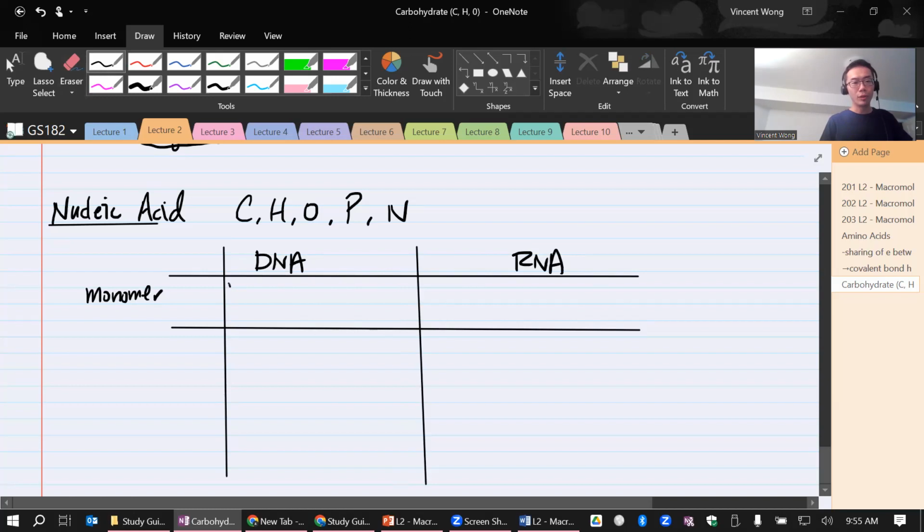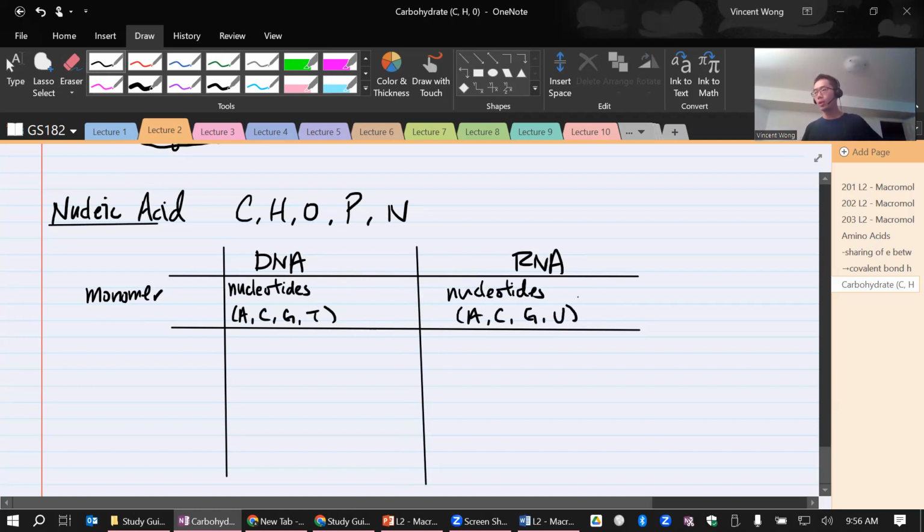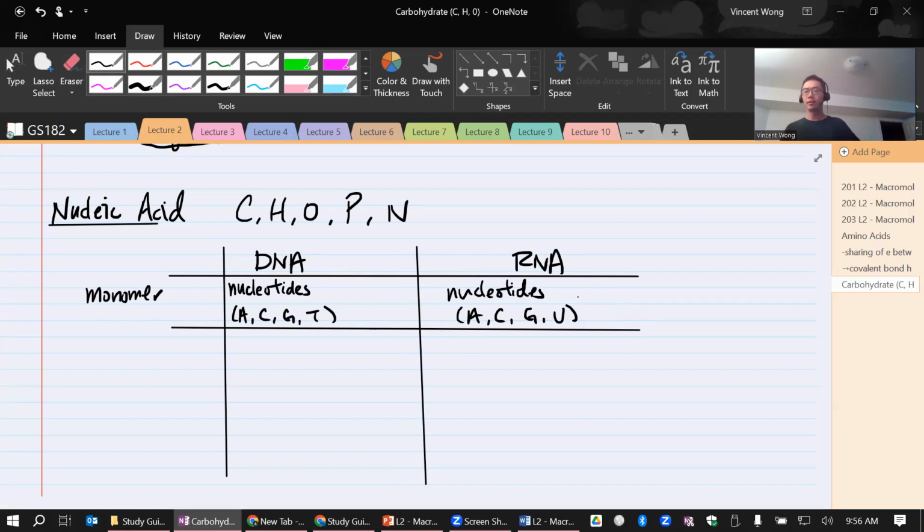They are both nucleotides. But this is ACGT, whereas this is ACGU, uracil.